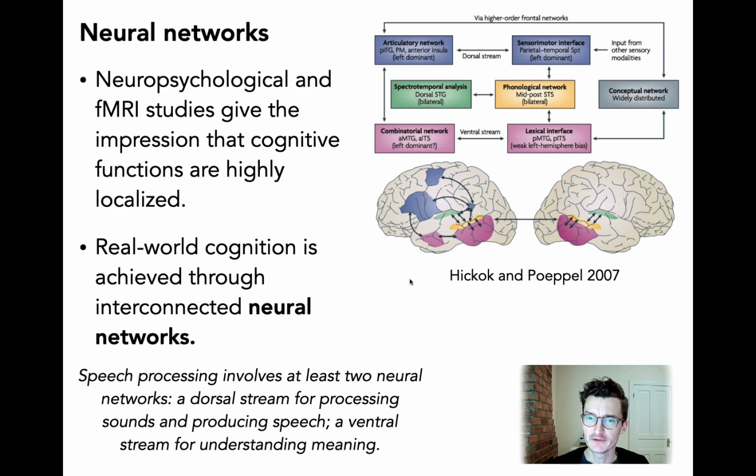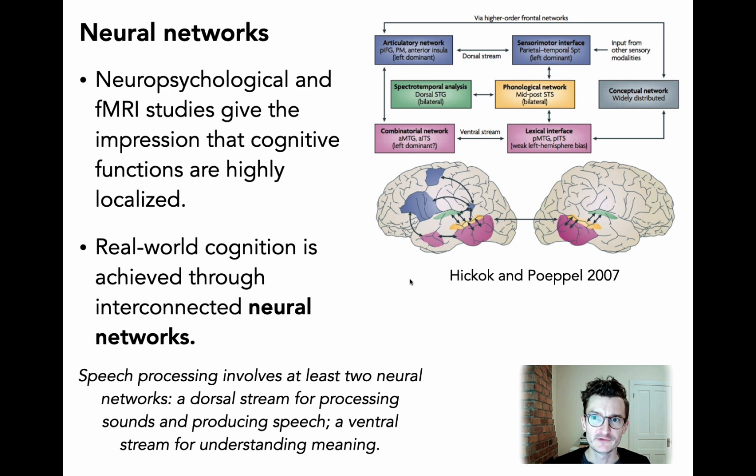And we actually think that, during language production, during language perception, we're relying on neural networks that break off into two distinct streams, a dorsal stream and a ventral stream. We will talk about dorsal versus ventral streams in the context of visual perception.